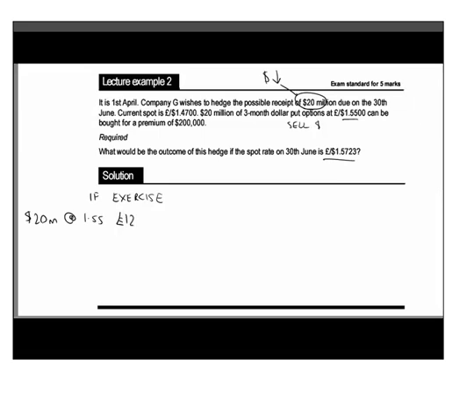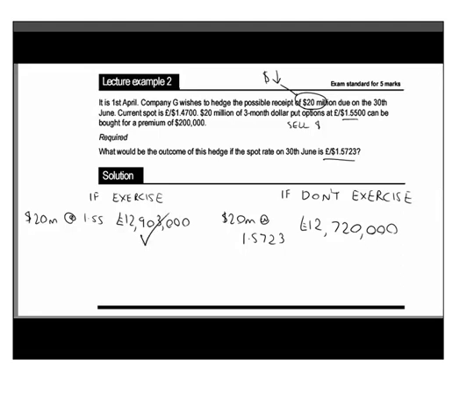If we don't exercise the option, then we will sell those $20 million at the spot rate, which is 1.5723. So if we sell our $20 million at 1.5723, we will receive £12,720,000. In other words, in this situation, we are going to exercise the option, because that's better for us.